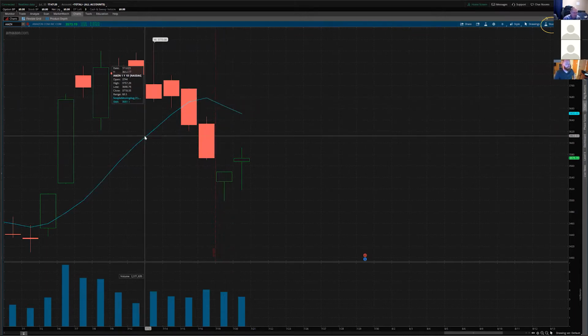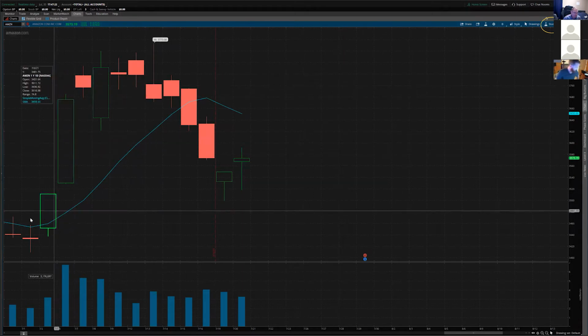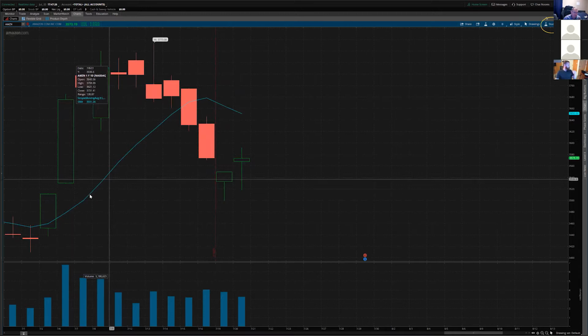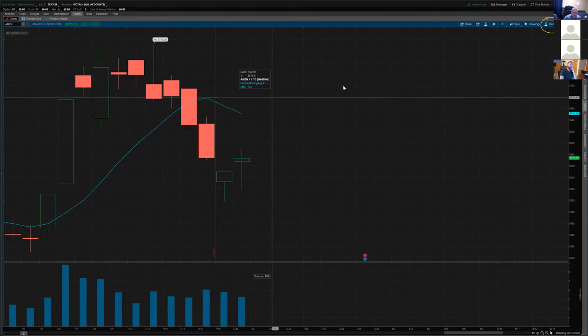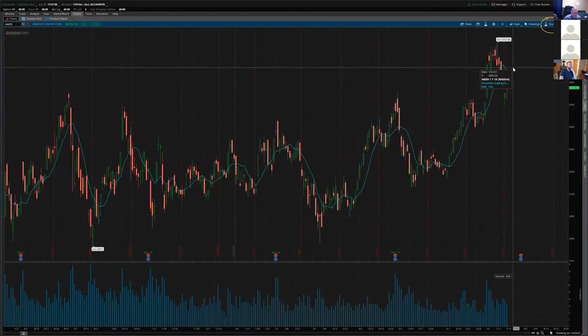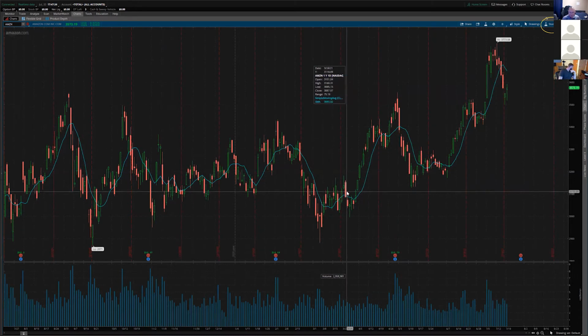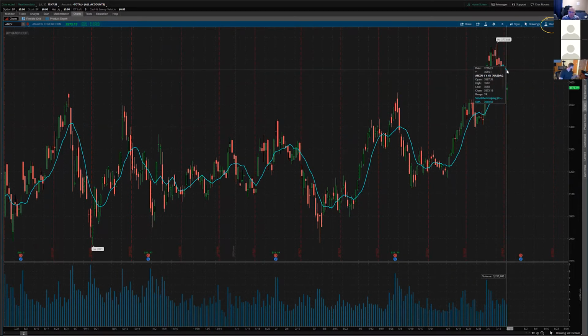Okay, so now I'm given this line right here. What that is calculating is adding up whatever my length is, and then it's going to plot a line at what the average is.